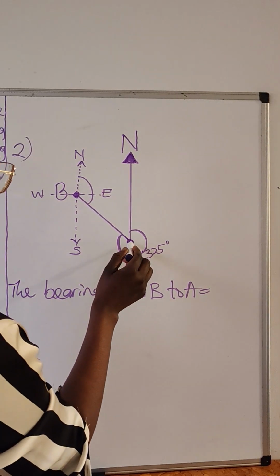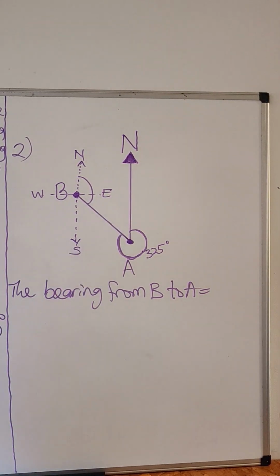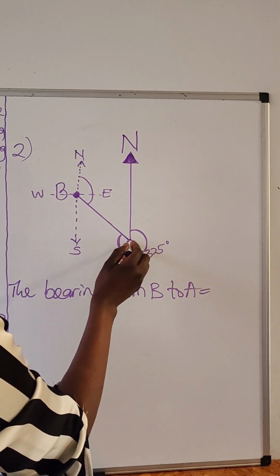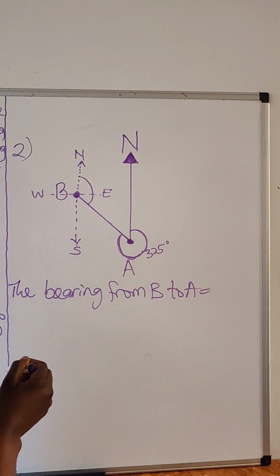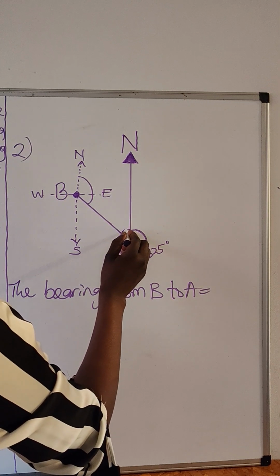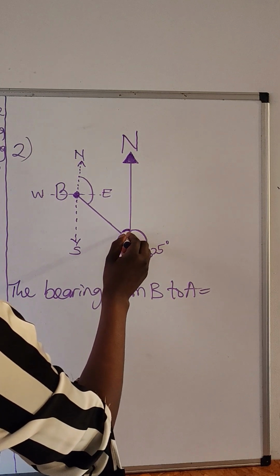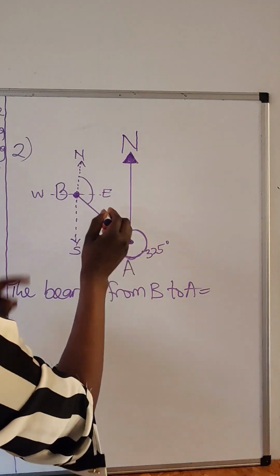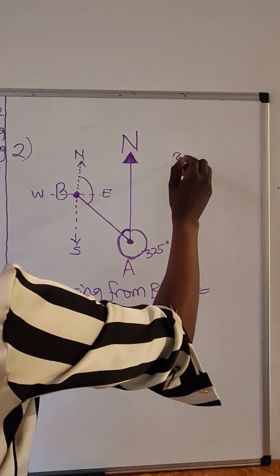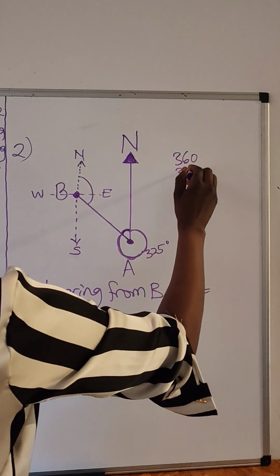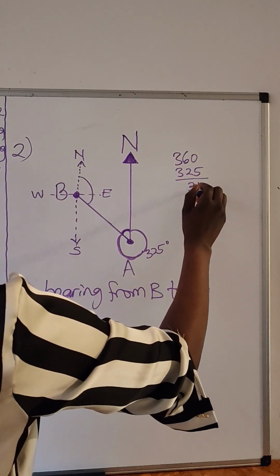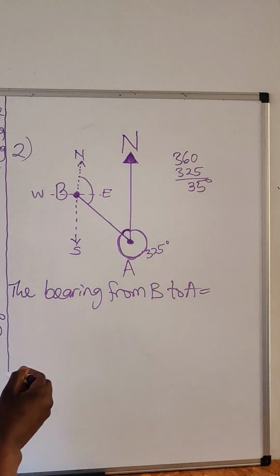Let's look at 325 degrees here. A full turn is 360 degrees. So for us to get the co-interior angle C that is here, we're going to subtract 325 degrees from 360 and we are left with 35 degrees.